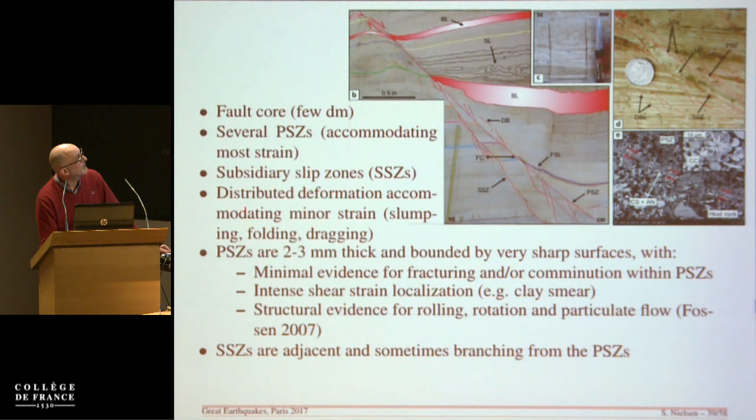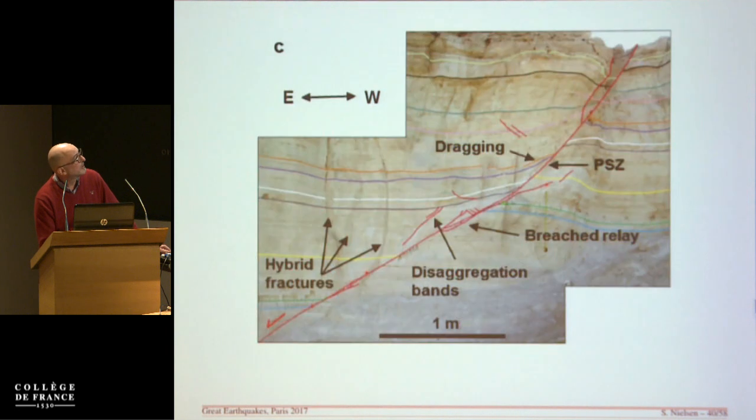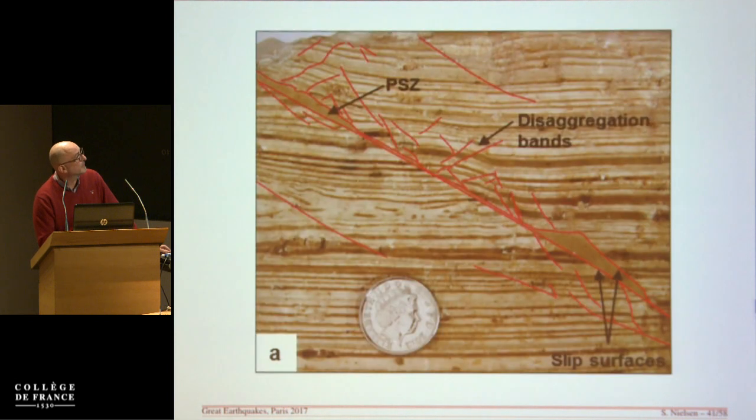This is how they look, and you have a principal slip zone, and then you have secondary subsidiary slip zones, which are a few millimeters thick, and you can do a census of those and look at how much slip each of these accommodated, because of this very tiny stratification here. This is on a scale of 1 meter. The whole fault zone is a few tens of meters.